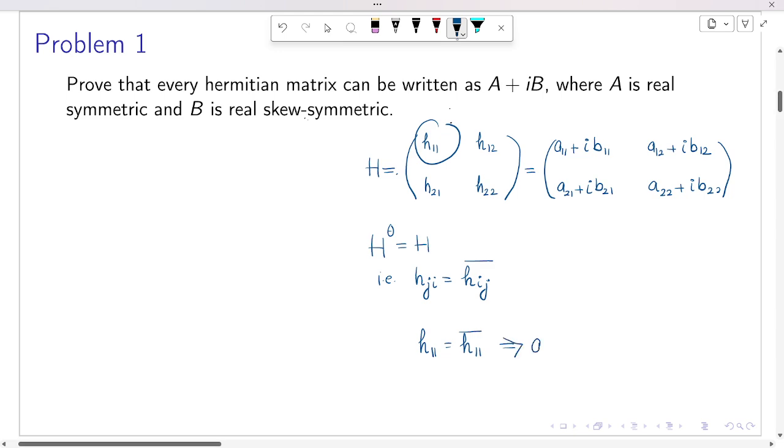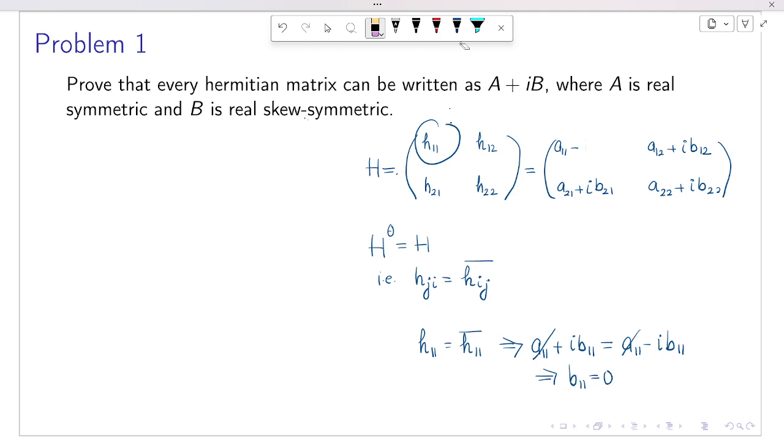That means A11 plus iota B11 is equal to A11 minus iota B11. So this A11 cancels out and we get B11 is equal to 0. So we have this entry 0. Similarly, this entry B22 is also 0. Let us check for the other two entries.